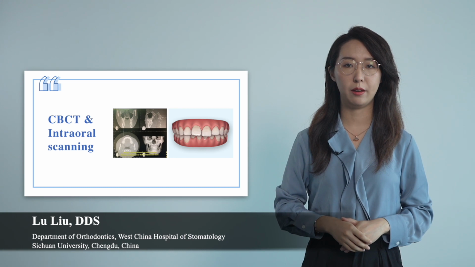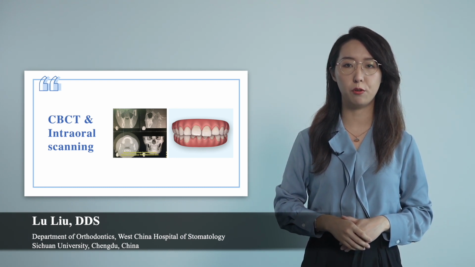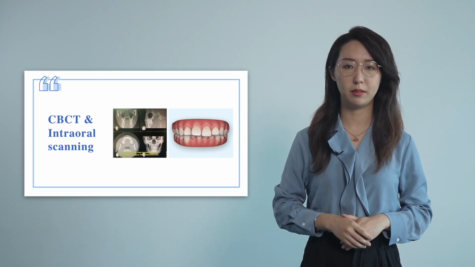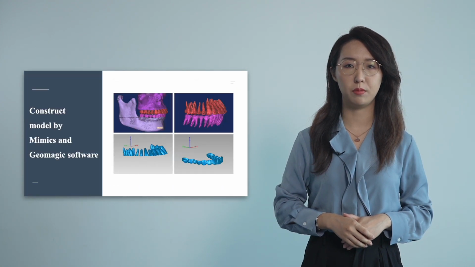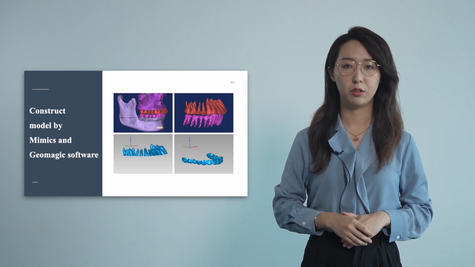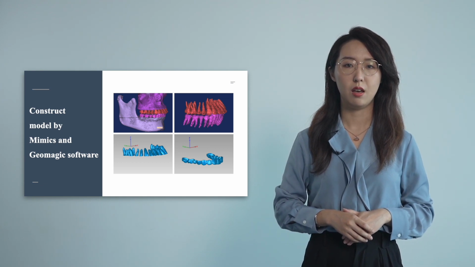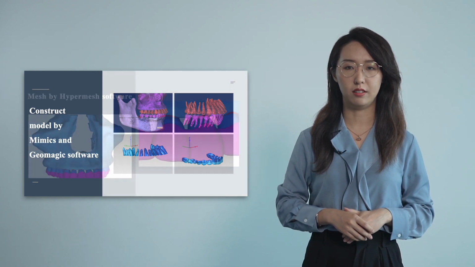We selected a healthy adult orthodontic patient requiring the extraction of 4 first premolars. Her maxillary dentition from CBCT and intraoral scanning were obtained and transferred to Mimics research software and Geomagic Studio software to construct 3-dimensional geometric surface models of the maxilla, maxillary dentition, periodontal ligament, attachments, and clear aligner.